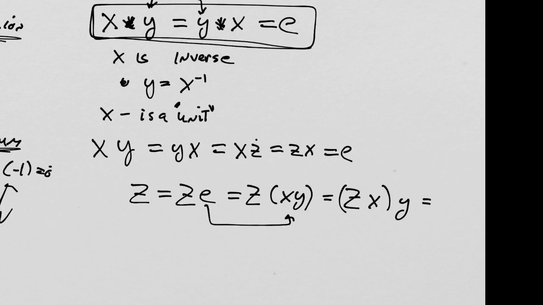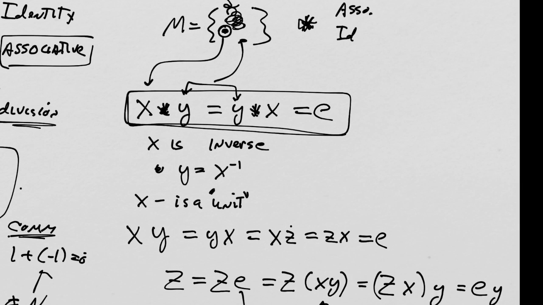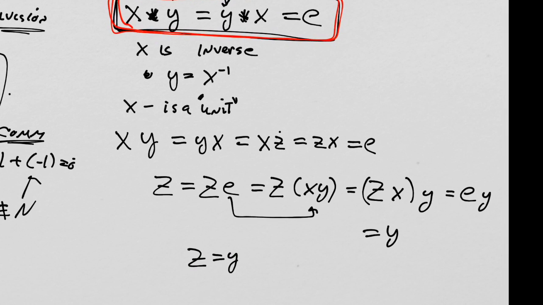And that's going to equal EY, which is going to equal Y, and so ultimately Z equals Y. So if this is true for a certain unit X, then Y must be unique.